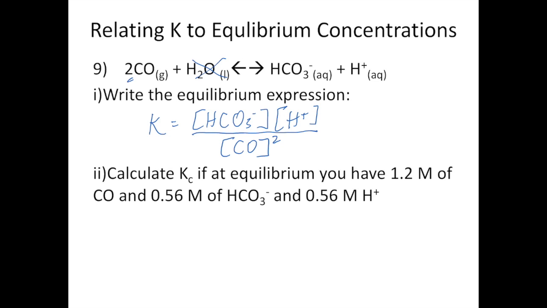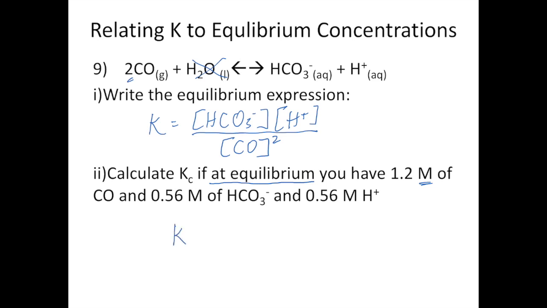It says calculate Kc if at equilibrium you have 1.2 molars of CO, 0.56 molars of HCO3 minus, and 0.56 molars of H plus. The important things are that we are at equilibrium. When you are at equilibrium, you can just plug those numbers right in. You have molarity, so we don't have to calculate molarity.